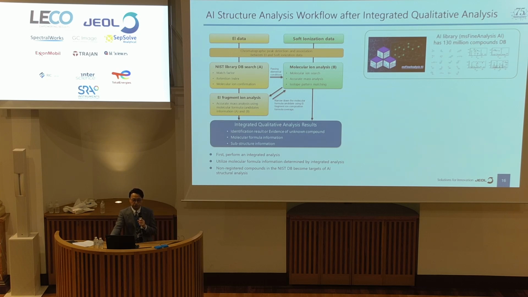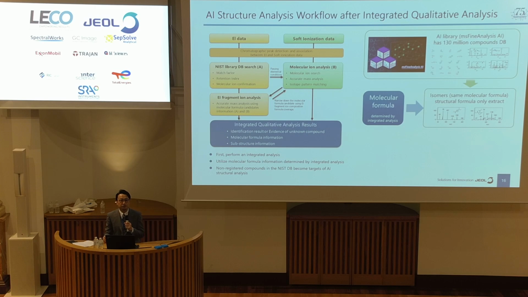have wrong structures. So in that case, molecular formula information is quite important because we already get this molecular formula information after the integrated qualitative analysis. Then we can use this molecular formula information as a filter to narrow down the structure candidates, okay? And honestly speaking, we can narrow down to almost 4,000 or 5,000 candidates.